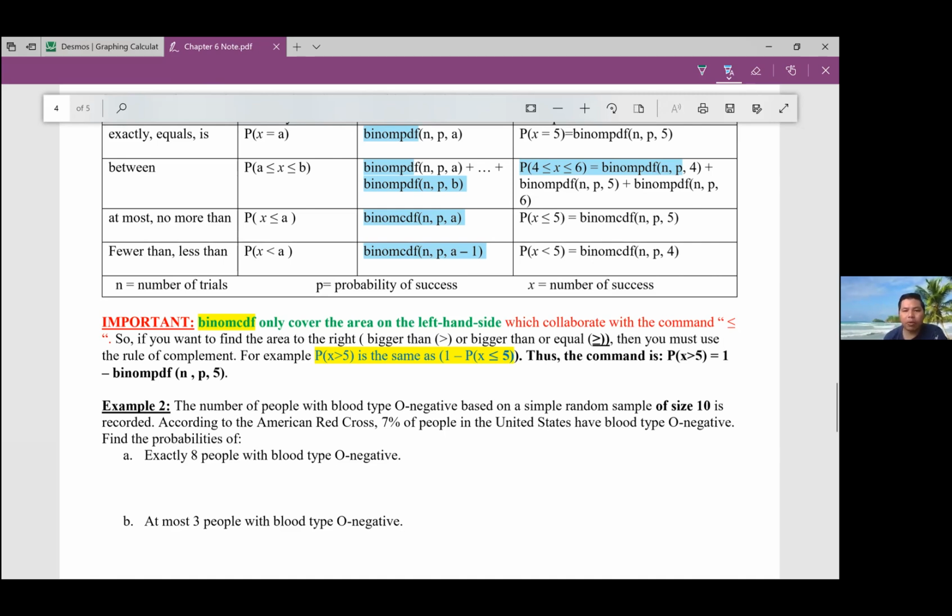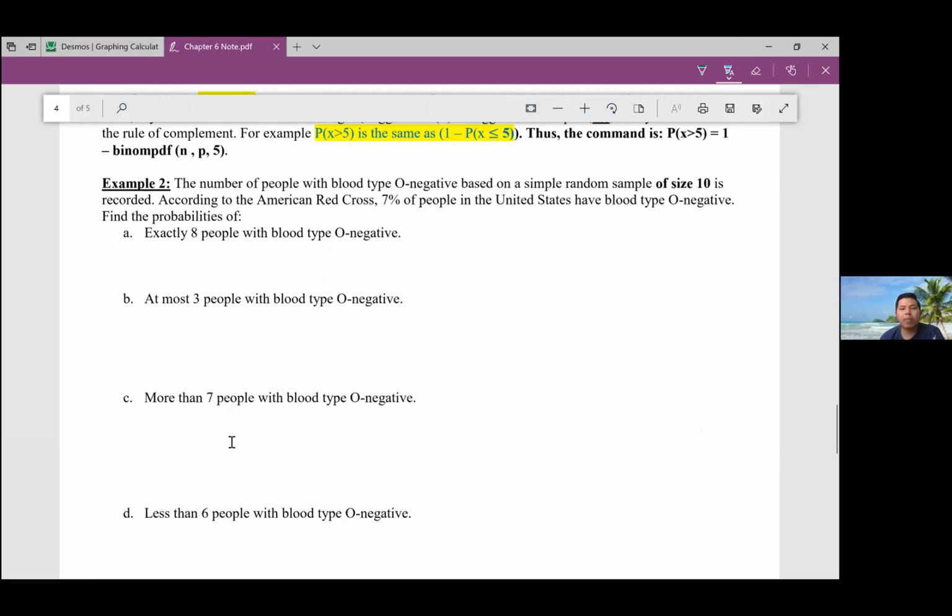Okay, so let's go through an example and hopefully it makes more sense. The number of people with type O negative in a sample of size n is recorded. Let's find the probability of exactly 8 people with type O negative. So we fill out the information: n is equal to 10, and little p is equal to 7%, which is 0.07.